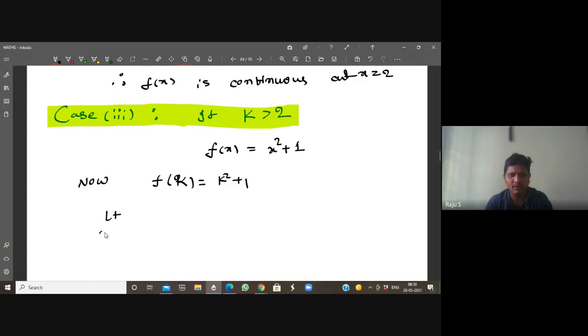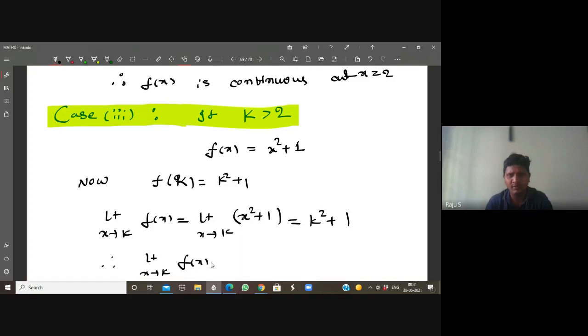Now the limit value, limit x tends to k, f of x also you should find. Limit x tends to k, f of x value is x square plus 1. So k square plus 1. See, therefore, limit x tends to k, f of x value we got as f of k.